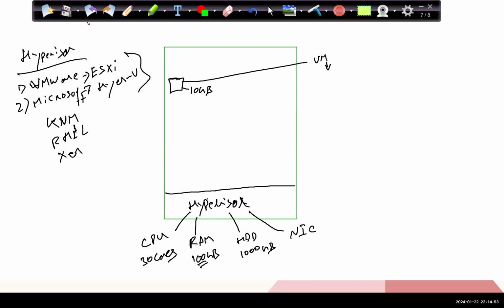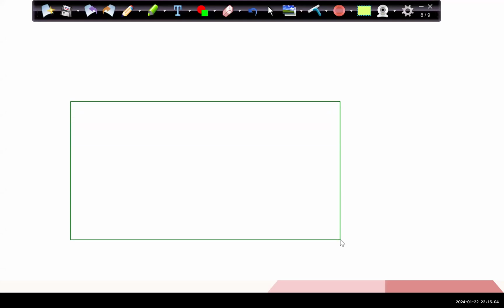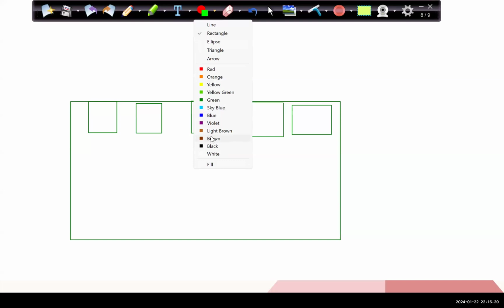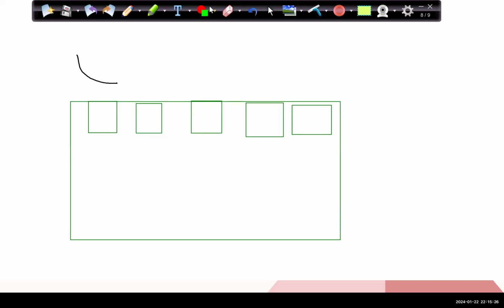To make it simpler, let me open a new page and we'll come back to this page. It is just like this: I build an apartment, and in it I have flats. On top of this apartment, I have a water tank.